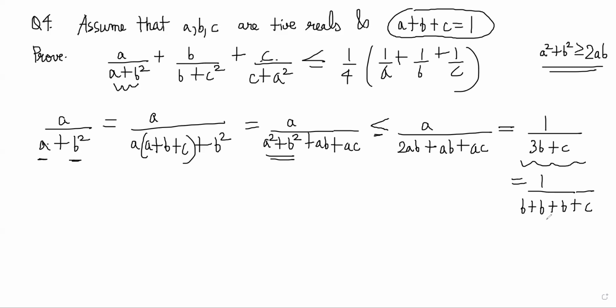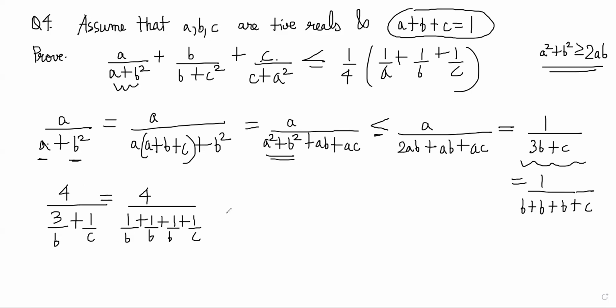So 4 terms of B. So can we prove something like this? 4 by (1 by B plus 1 by B plus 1 by B plus 1 by C).